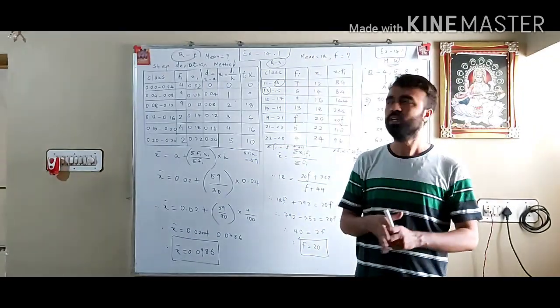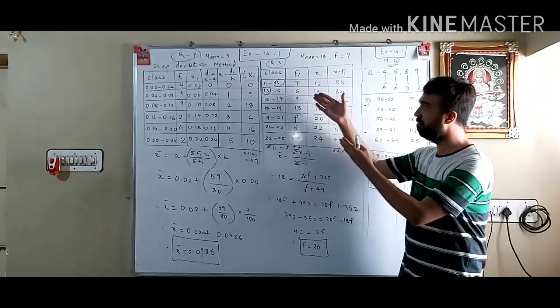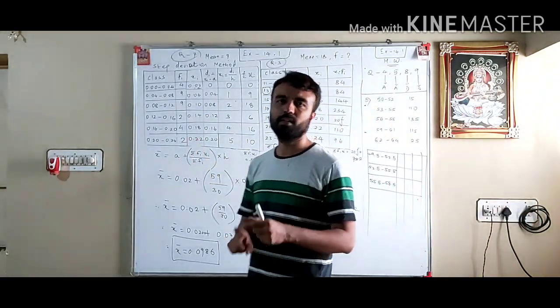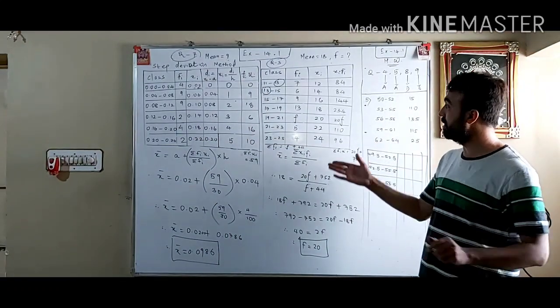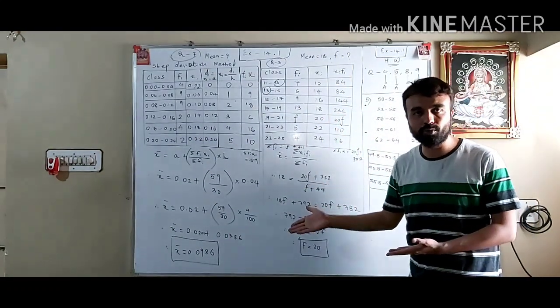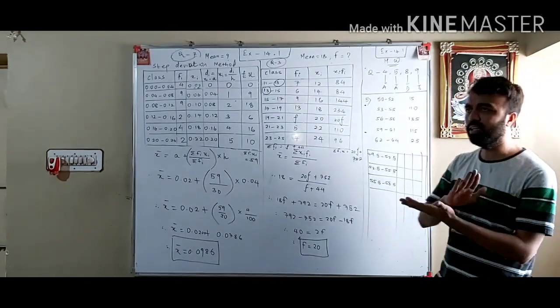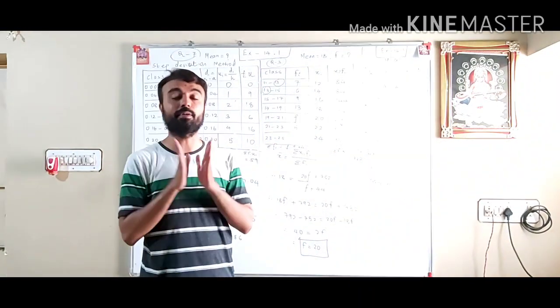Everything I told you; we have included every sum from 1 to 9 either in lecture or in homework. We have discussed all the 3 methods: direct, assumed mean, step deviation. We have discussed all the special sums: finding the unknown, and discontinuous classes. So in all, in these 2 lectures we have discussed everything of this topic, mean.